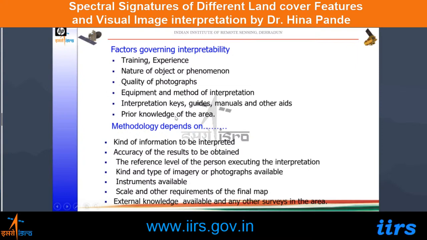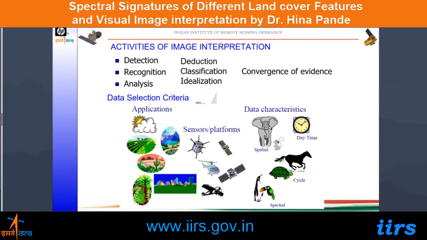And if we have any prior knowledge of the area, this is also going to be very, very useful. So the activities of image interpretation usually are: first is detection, recognition, analysis, deduction, classification, idealization, and convergence of evidence.